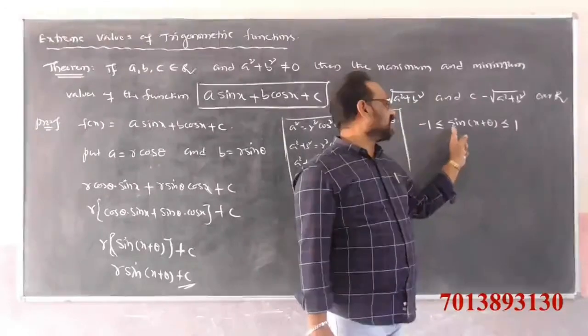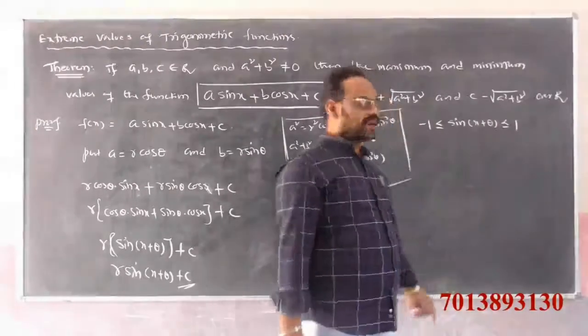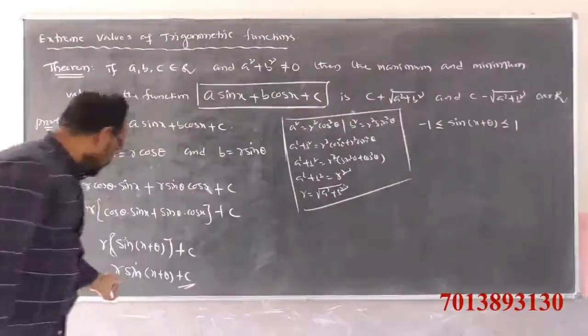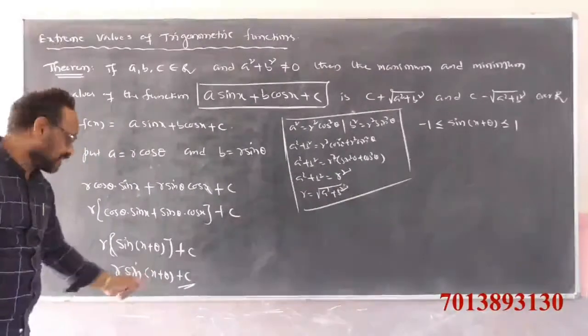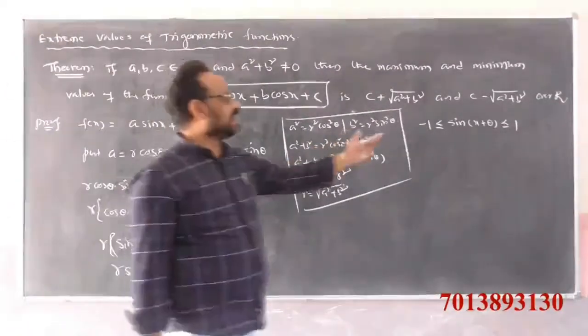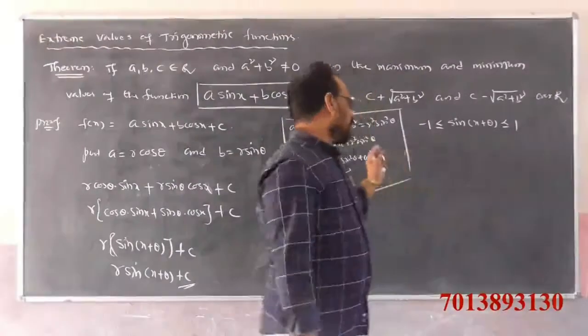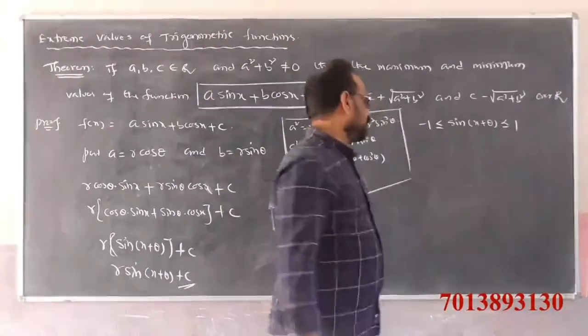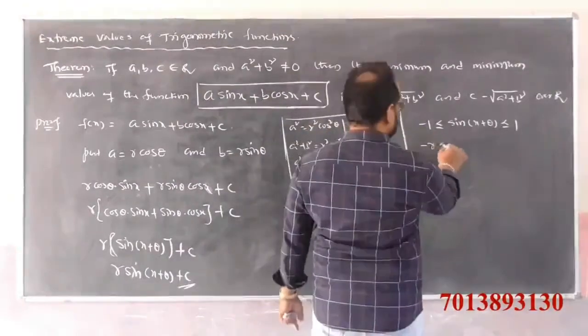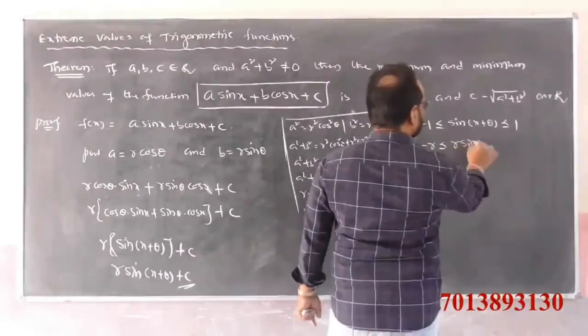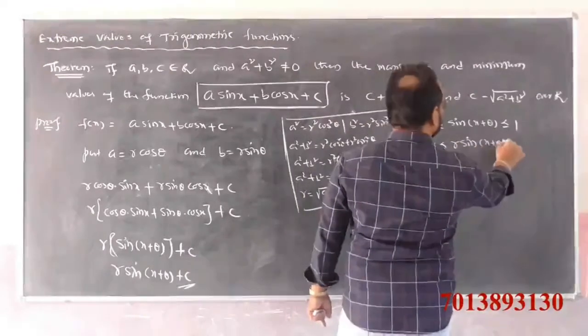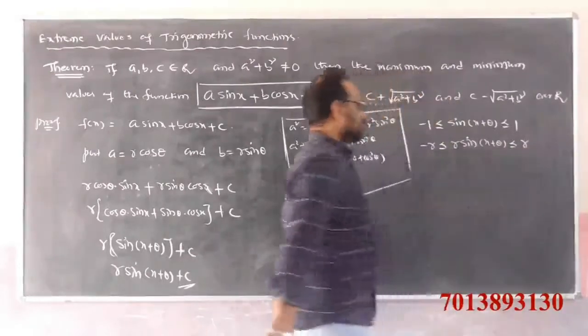So minus 1 is less than or equal to sin(x plus theta), which is less than or equal to 1. But here we have R times sin(x plus theta), so multiplying both sides by R, we get minus R less than or equal to R sin(x plus theta), less than or equal to R.